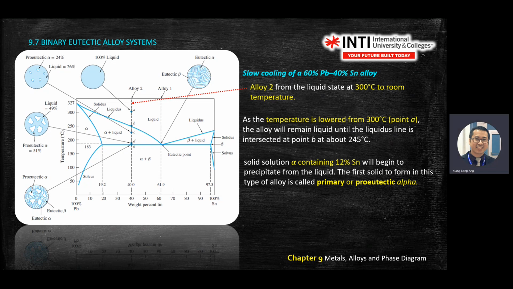You always use a horizontal line to help you. The first solid that you see on the microscope is called primary alpha or proeutectic alpha.